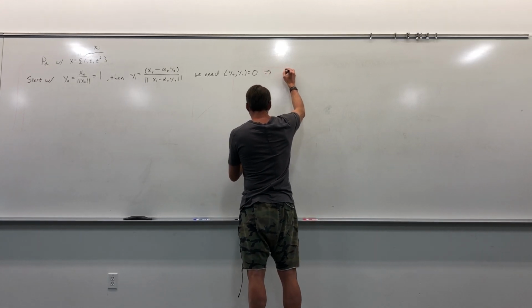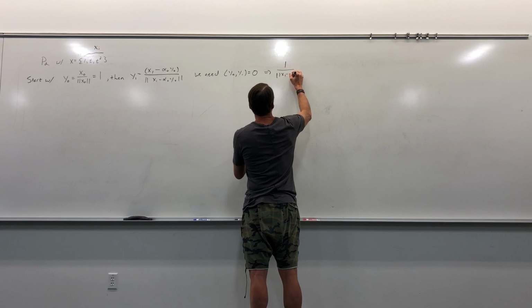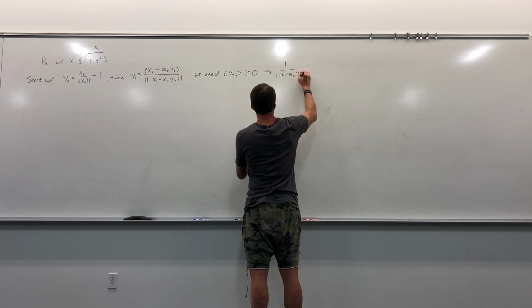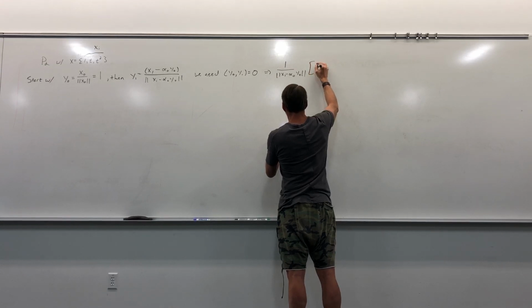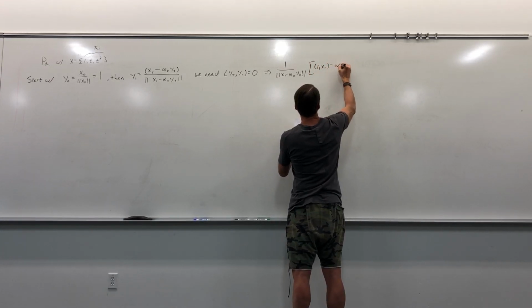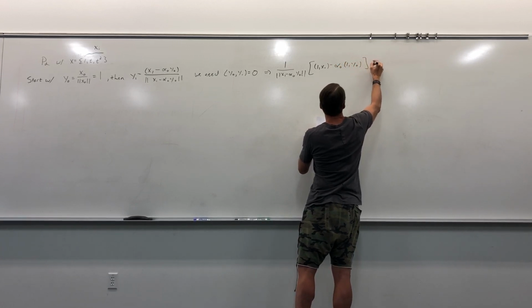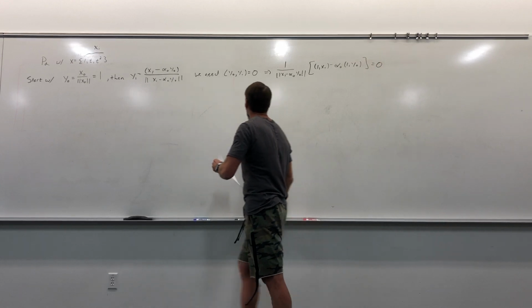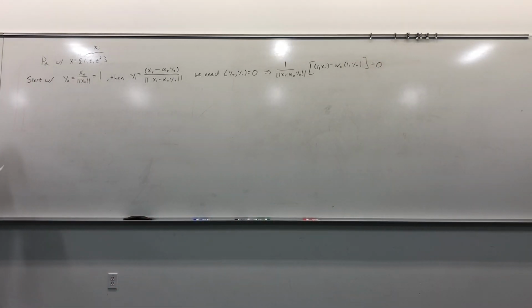So let's see this play out. 1 over the magnitude of x1 minus alpha naught y naught, times the inner product of y0 with x1 minus alpha naught y naught, equals 0. Okay.